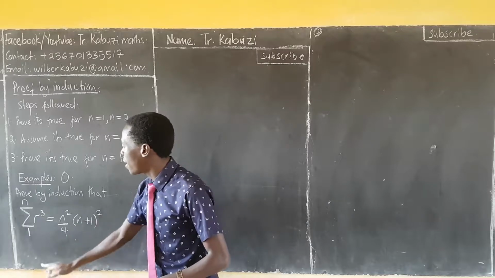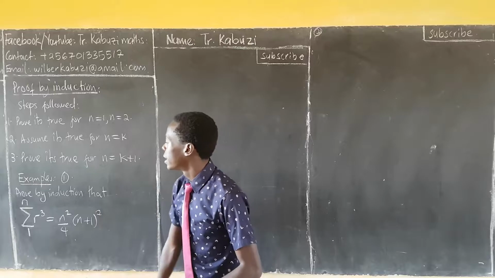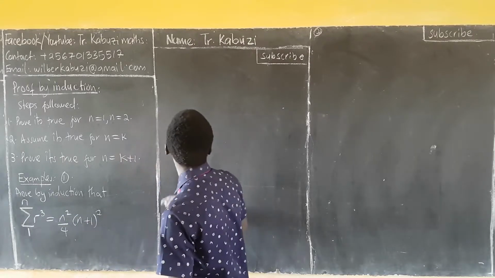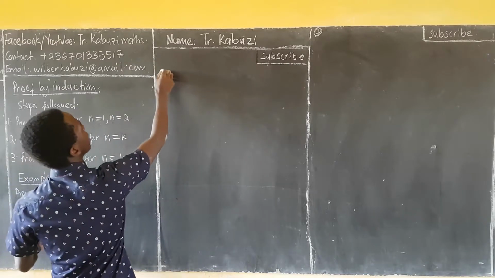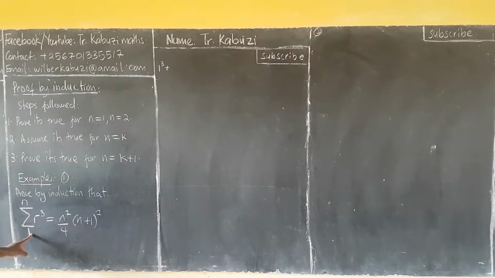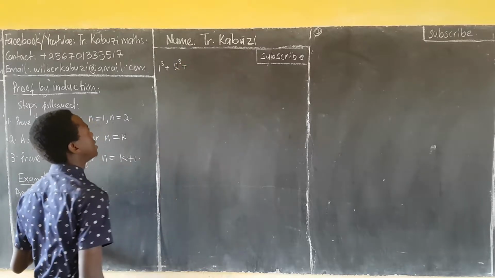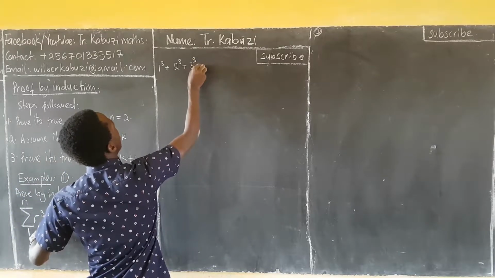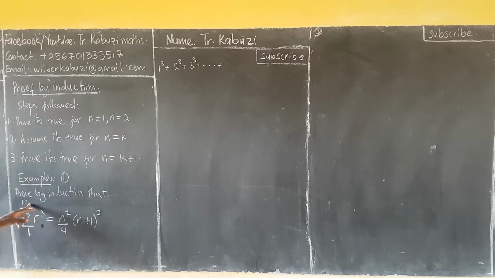So members, from here, how do we handle this? It means that we are starting from 1 up to n. These are always integers. When r is 1, I'll be having 1 cubed, plus, because I'm summing, the next integer will be 2, so I'll be having 2 cubed, plus the next integer, 3 cubed, plus, up to when I reach the last integer, which is n.